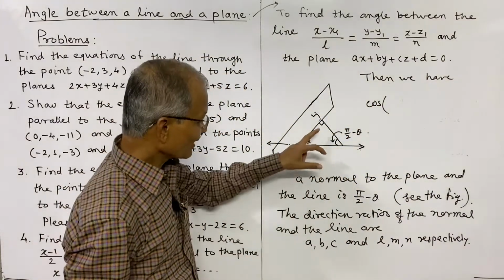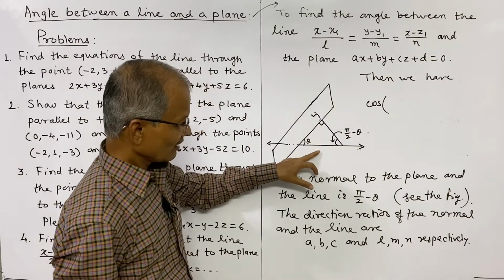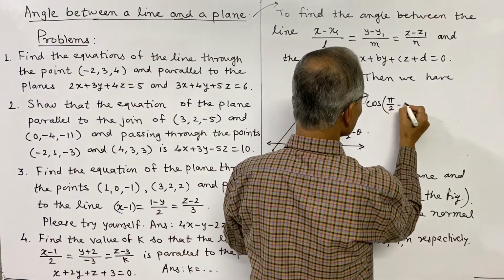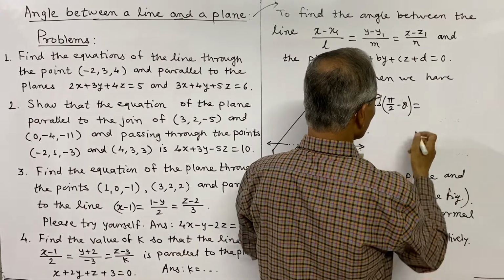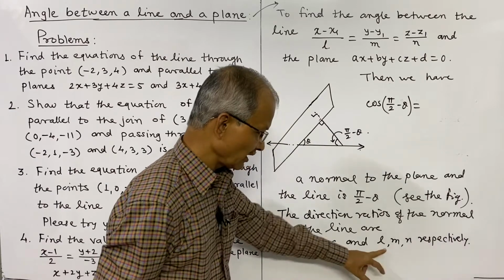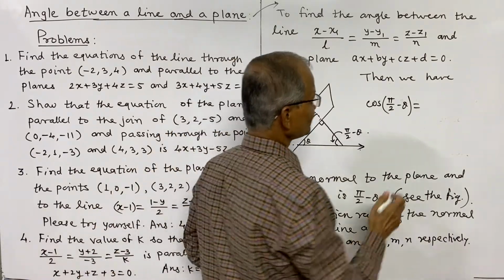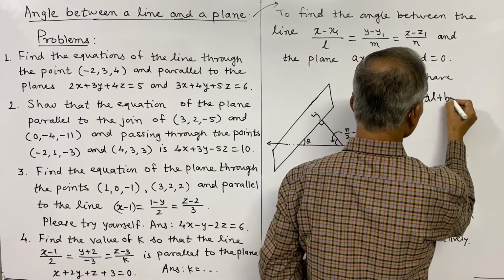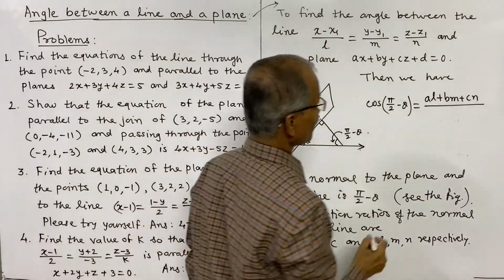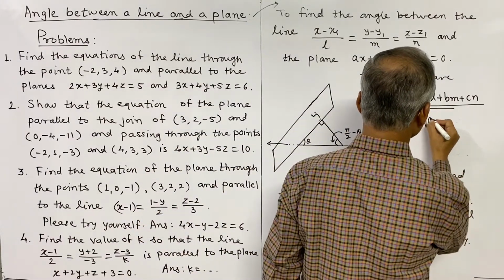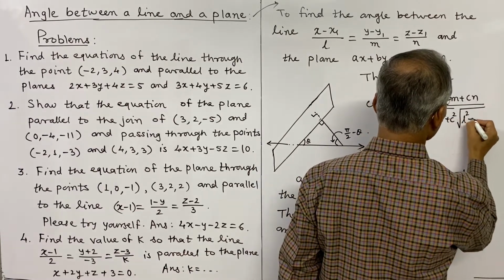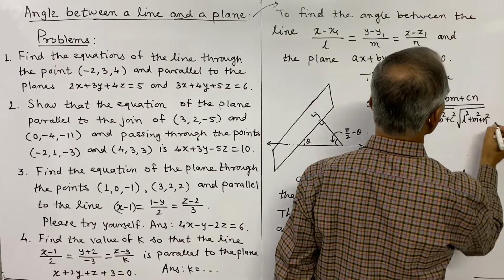You should note that we are considering these two lines, normal to the plane and the line, and the angle between them is pi by 2 minus theta, and this is equal to the sum of the product of these direction ratios, A into L plus B into M plus C into N, divided by under root of A square plus B square plus C square into L square plus M square plus N square.